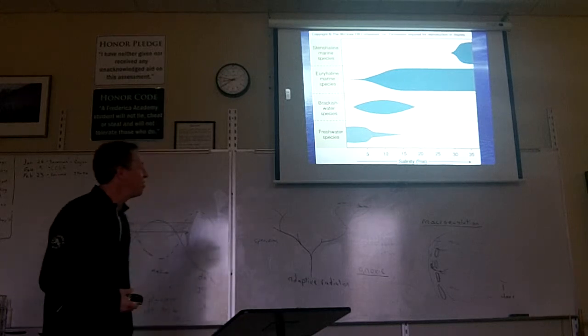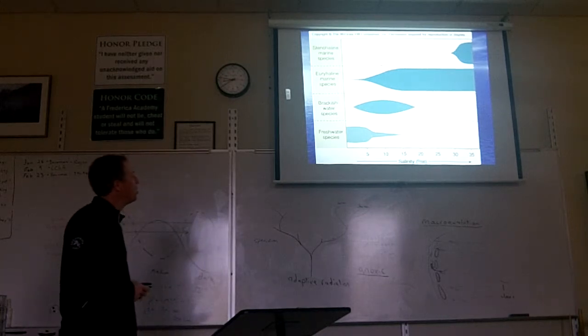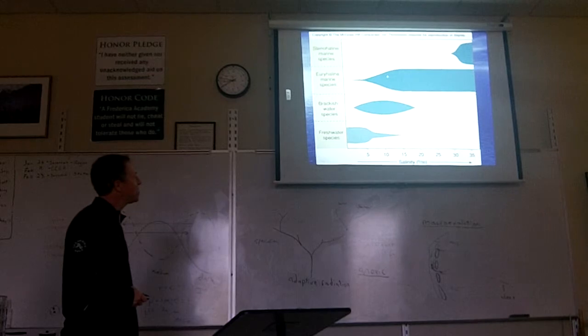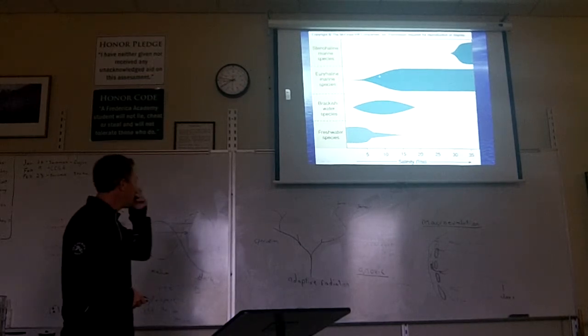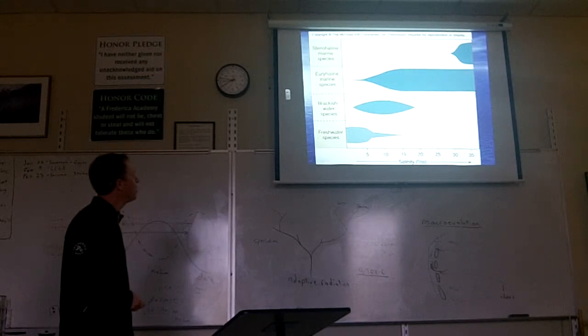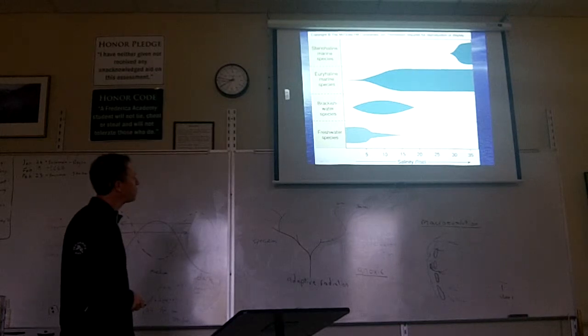There's a lot of different juvenile fish that are euryhaline species. This is good multiple choice stuff. Would salmon be one? Salmon would be, because they can tolerate both. Yeah, they can tolerate completely fresh water.